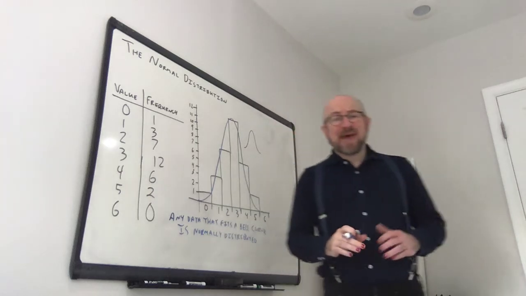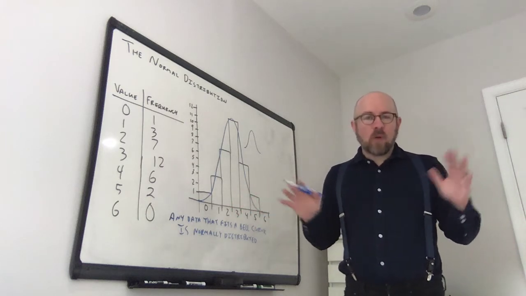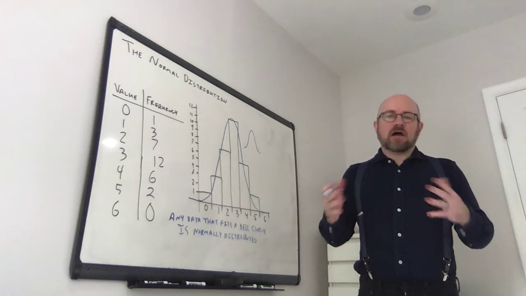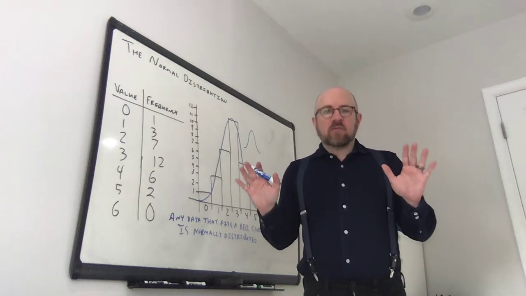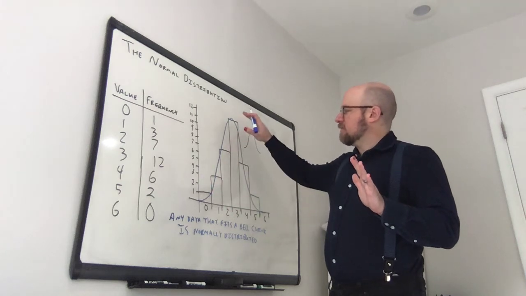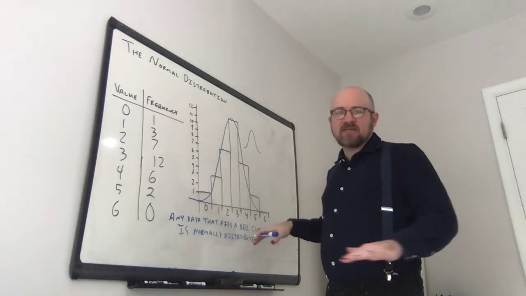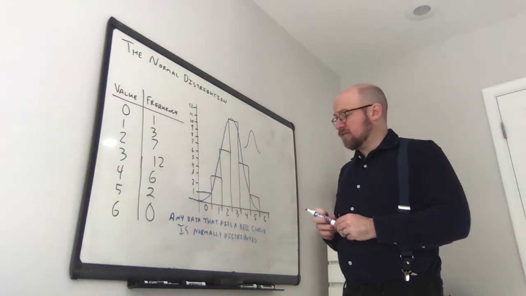If you want to be mathematically precise, there's a lot more that you can say. How well does it fit a bell curve? Exactly what does it look like? That's not going to be the scope of this class. For this class, if the data has this peak up in the middle and then flattens out at the sides, we're going to say that it's normally distributed. That's going to be good enough for us.